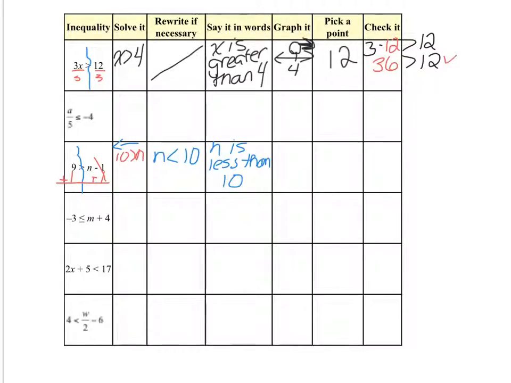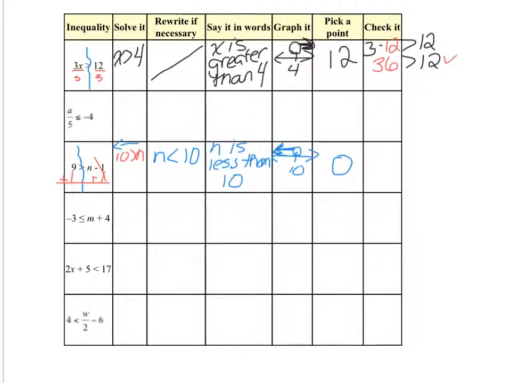Okay, number line. 10, open circle, goes this way. Pick a point. Easy point, less than 10. I'm picking 0. I like easy numbers. So then I'm going back to my original question here.